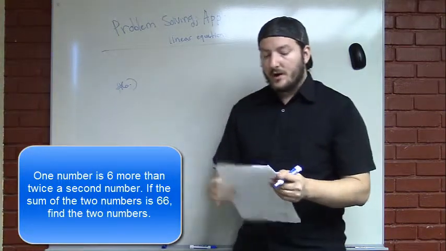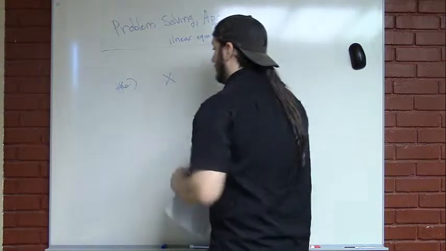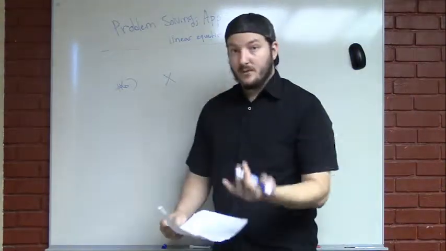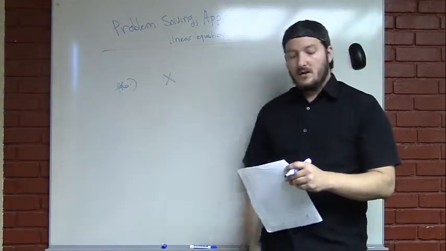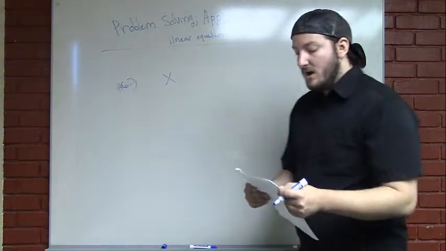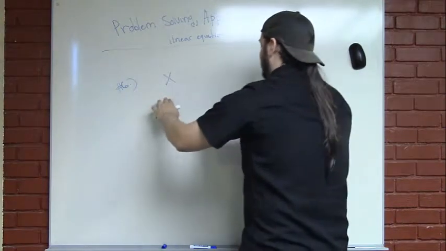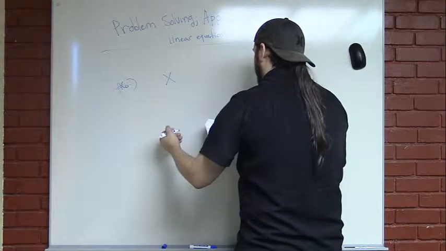So we're going to call our first number just x, because we don't know what the first number is, and we don't know what the second number is either, but we're going to write an expression for that. So the first number, we're just going to call it x. And then it says one number is 6 more than twice a second number.